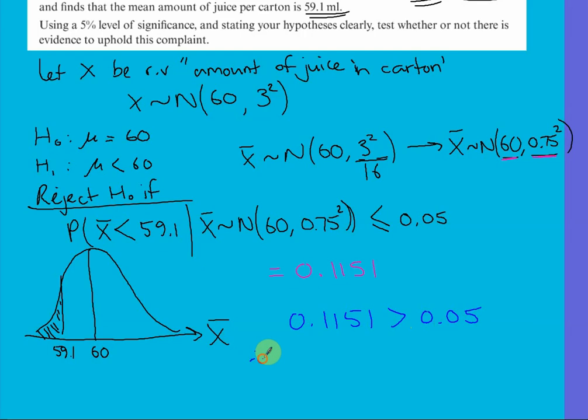So therefore, there's insufficient evidence to reject H0. Remembering, we reject H0 if this probability for this model is less than 5%. It's not, it's 11.51%.